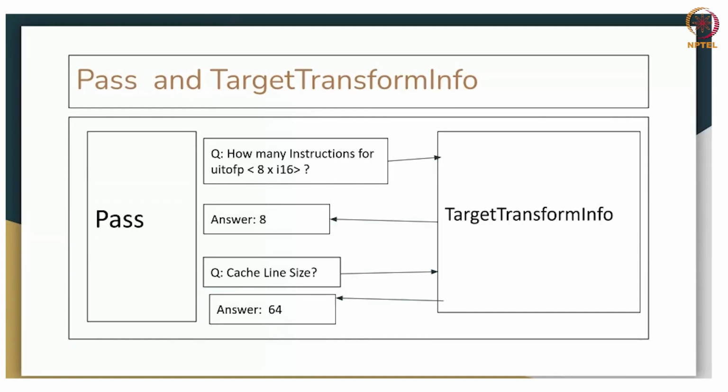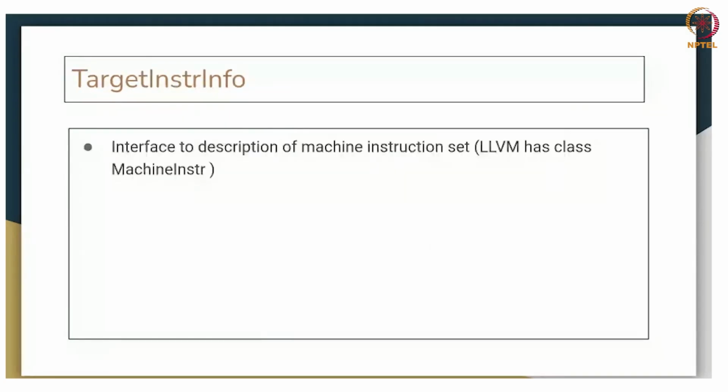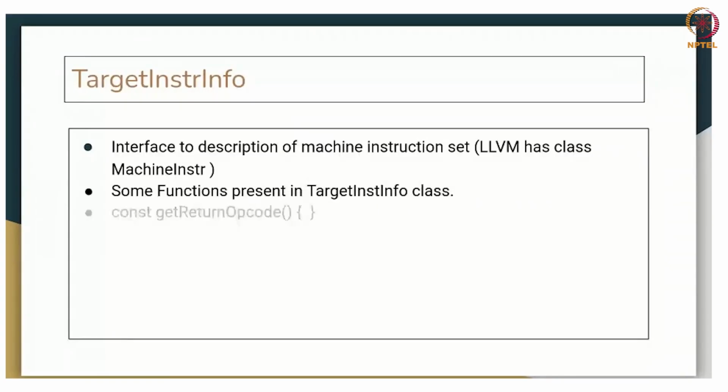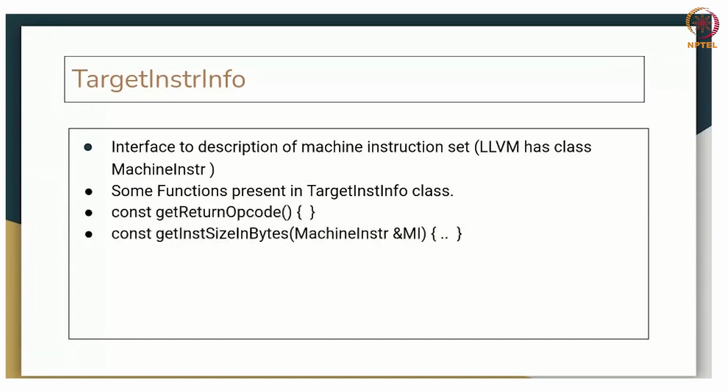So the passes that you have done in LLVM IR have some similarity in the LLVM codegen passes, which is done on machine IR. And TargetInstrInfo is an interface to the description of the machine instruction set. LLVM has a class MachineInstr. Some functions present in the TargetInstrInfo class are listed below, like get opcode, get instruction size in bytes.